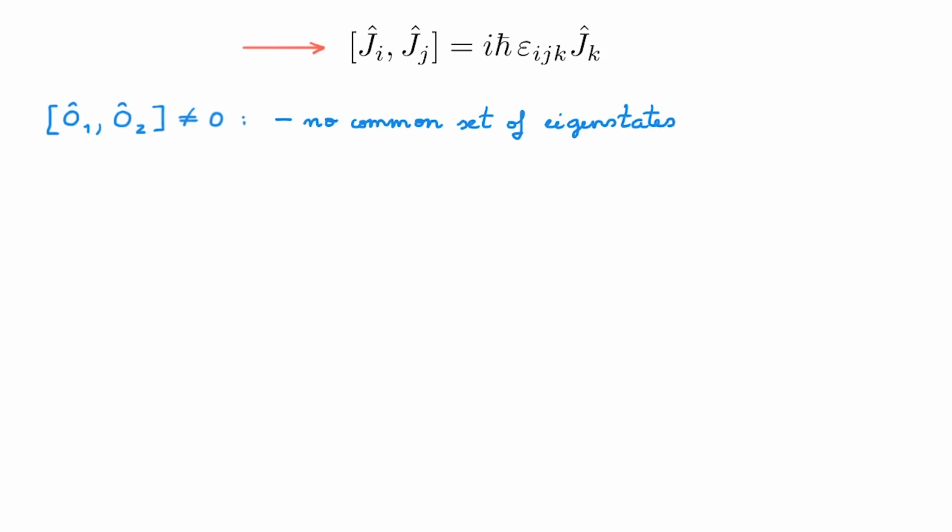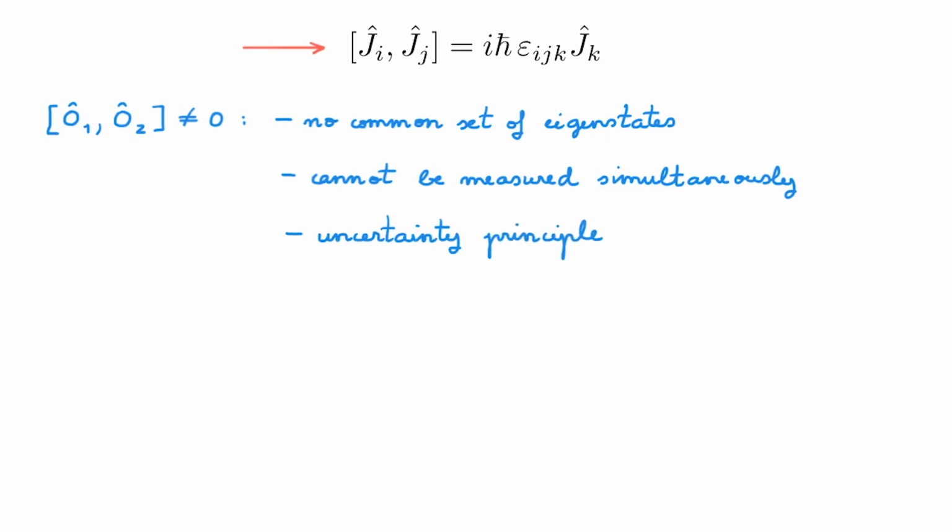We sometimes describe this feature as saying that we cannot measure two non-commuting observables simultaneously. And you will also remember from the video on the Heisenberg uncertainty principle that if two observables don't commute, then they are subject to an uncertainty principle. As an example, remember the videos on the position and momentum operators, which don't commute with each other.